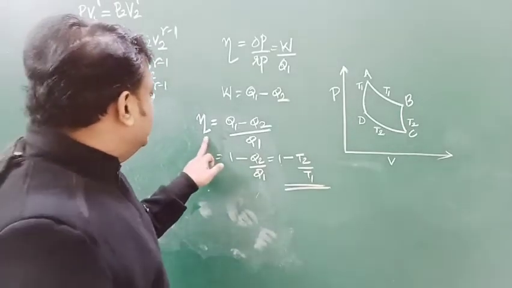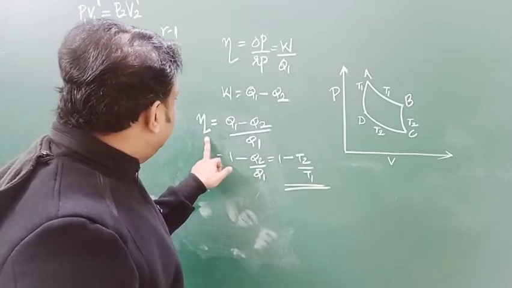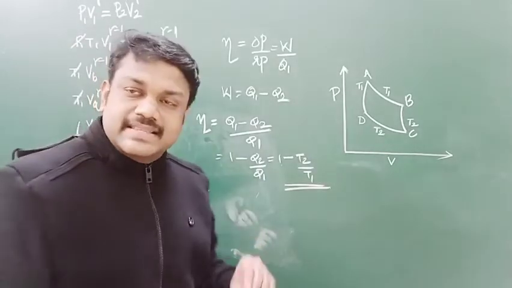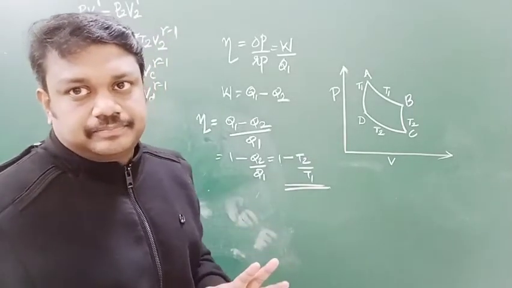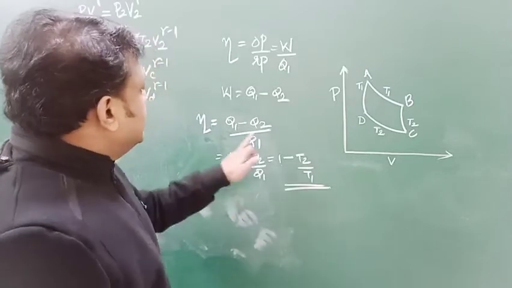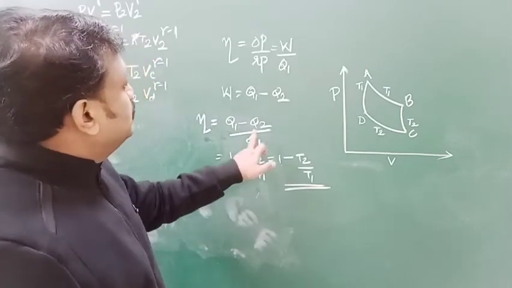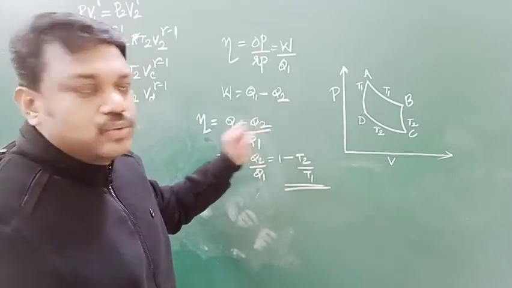Now, about maximum efficiency: it is not possible to design a Carnot engine with 100% efficiency. For 100% efficiency, you would have to keep Q2 zero.